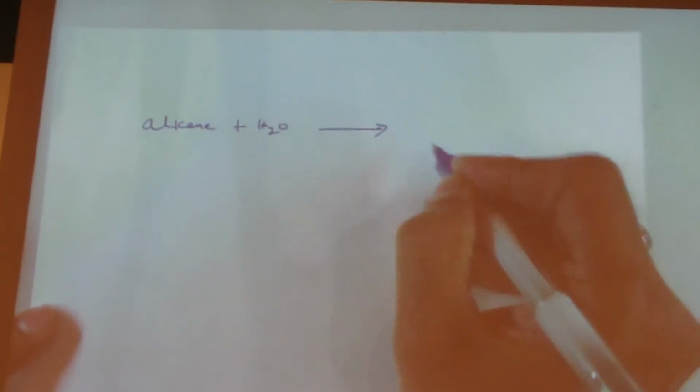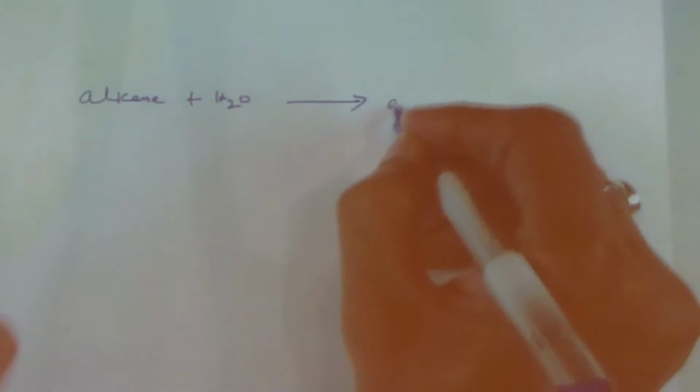In this case, the important component is water. Okay, so alkene, you add a molecule of water, and then you can get alcohol.